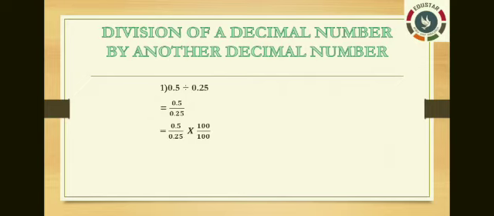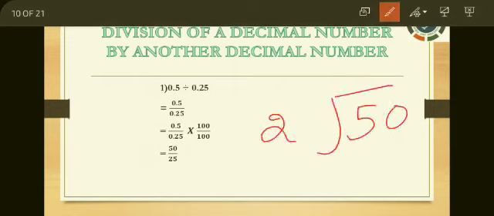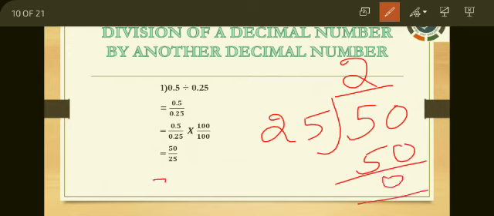Next, multiplying by 100, we get 50 divided by 25. 25, how many times? 2 times. 2 twenty-fives are 50. So 50 divided by 25, the answer is 2. 0.5 divided by 0.25, the answer is 2.